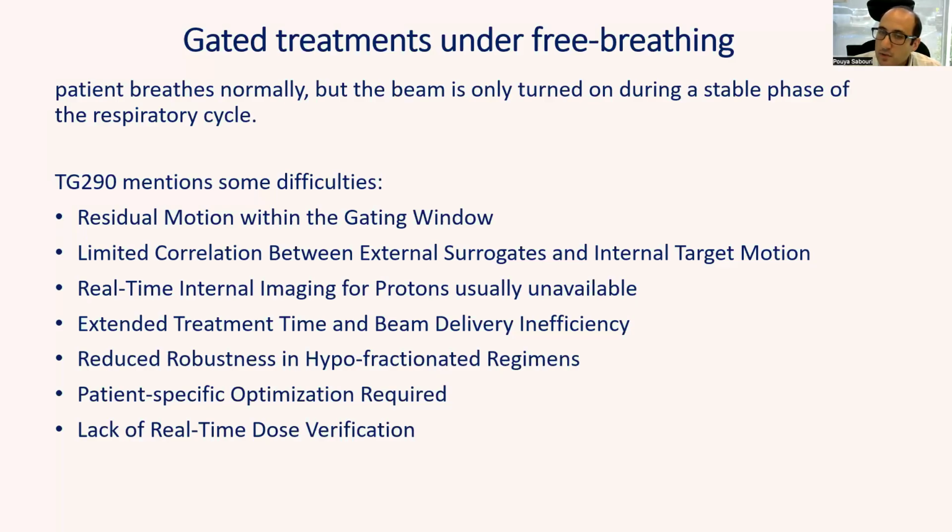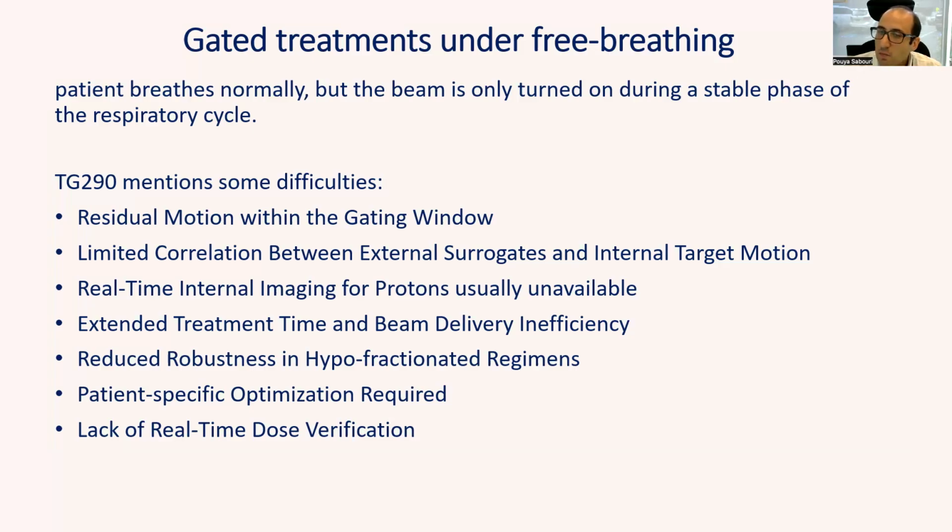Third, proton delivery units lack real-time internal imaging. So it makes it very difficult to verify the target position during the beam on. And additionally, the gating approach introduces beam delivery inefficiency and may prolong the treatment time, especially if you pick a gating window that's very narrow.